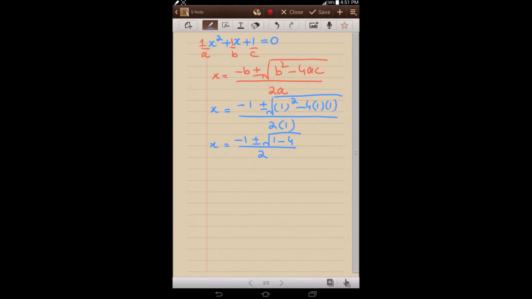Now if we further solve, x is equal to minus 1 plus minus square root of 1 minus 3, divided by 2. So what we can do here, we can write x is equal to minus 1 plus minus square root of minus 1 into 3, divided by 2.